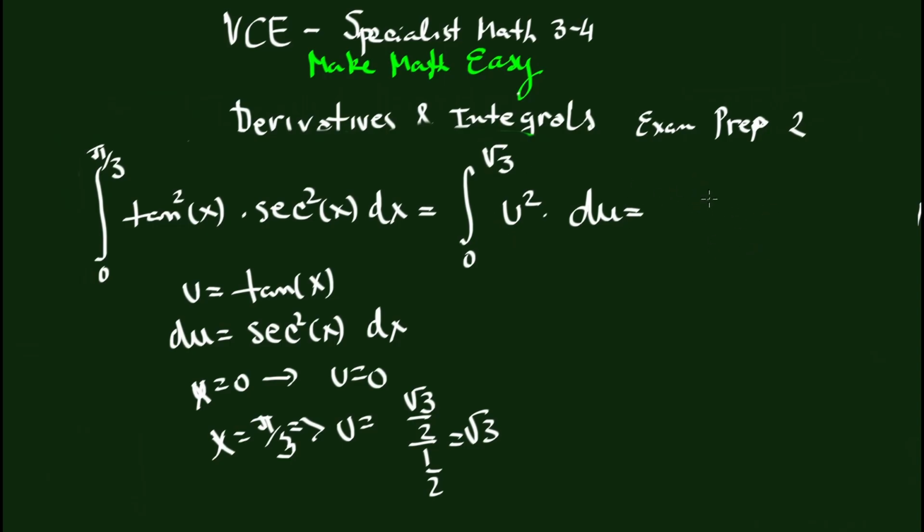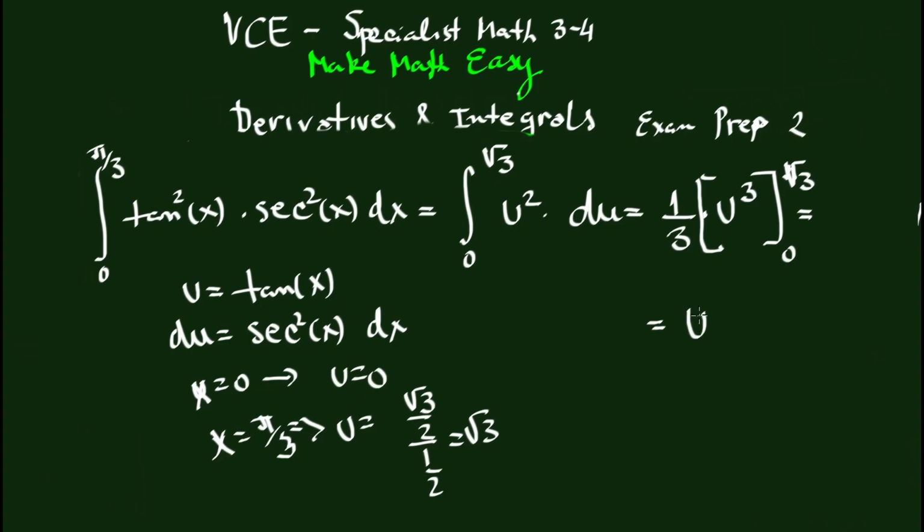Now that becomes 1/3 of u on the power 3, and the boundaries are 0 to square root of 3. So put the 0 and square root of 3: square root of 3 on the power 3.